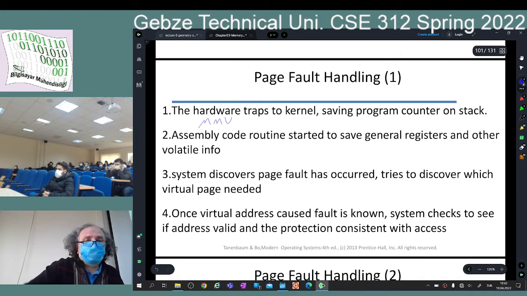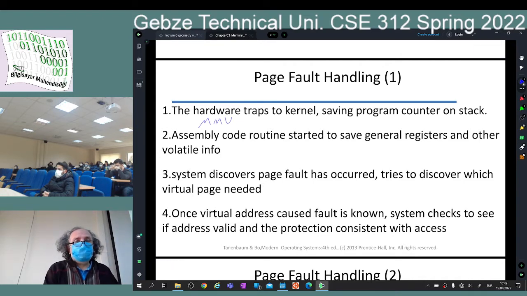I found it, and then I check if that address is valid. Am I trying to access an invalid virtual address? Or am I trying to access a virtual address without the right privilege? Maybe that address is read only. Maybe I cannot execute that address.